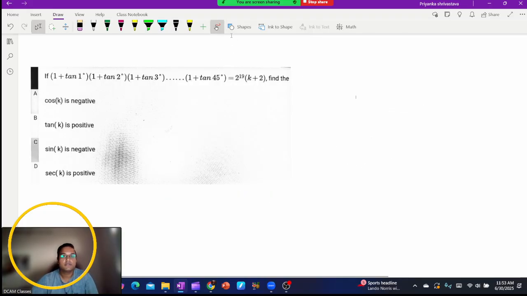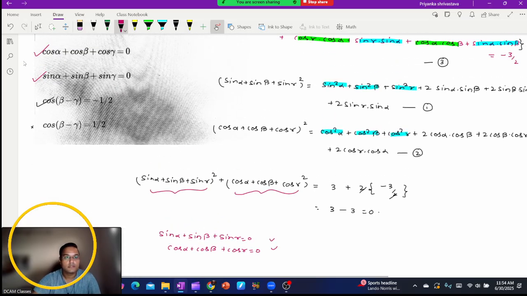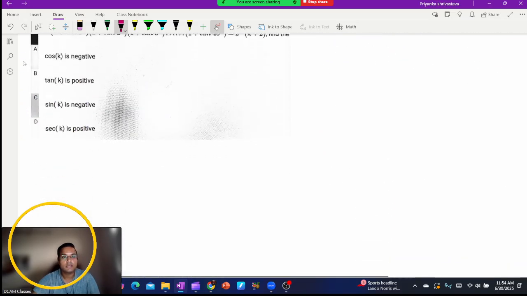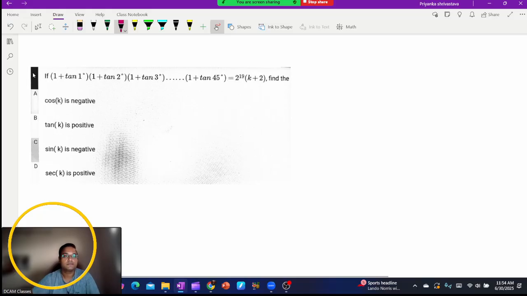This question is actually an interesting one. Question number is 13th, I think. Interesting question. For this, what you need to know is, suppose if I say a plus b is equal to 45, see what result will appear.